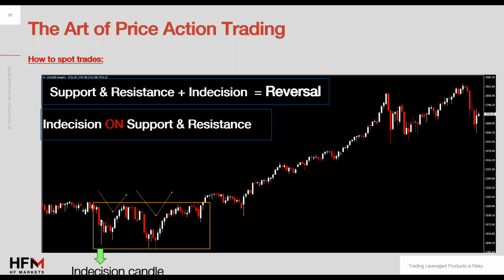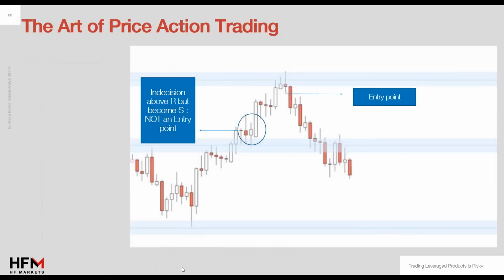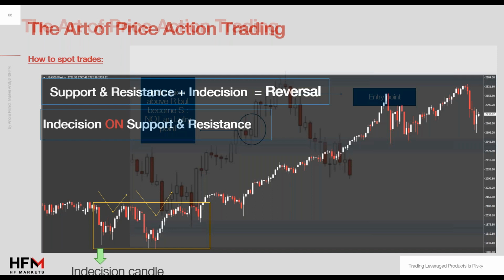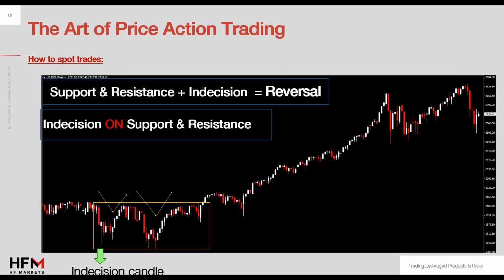So preceding trend, indecision at a support or resistance level leads to a potential reversal. The same: preceding trend, indecision at the resistance level, was a sign that it could eventually turn down and proceed to a reversal. Okay, so sometimes it's that simple.